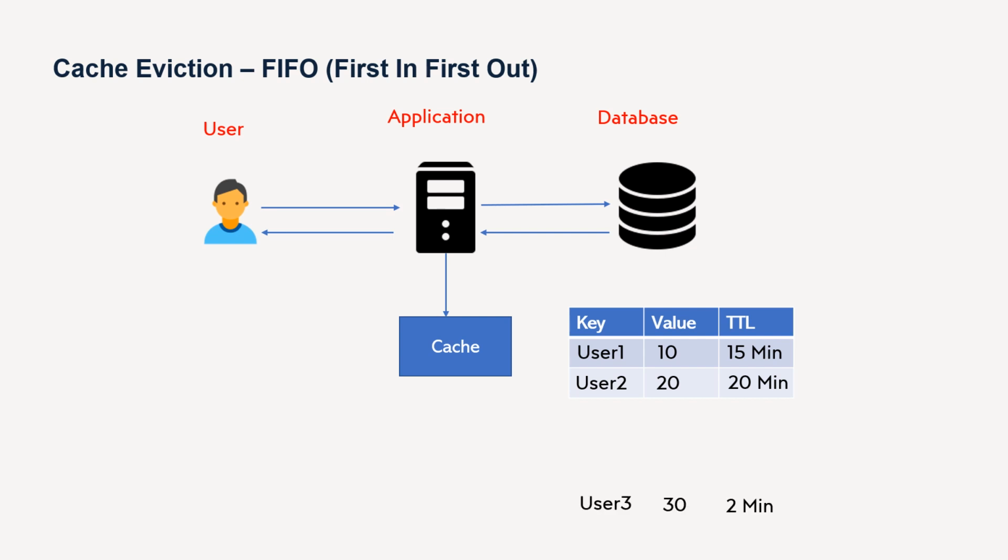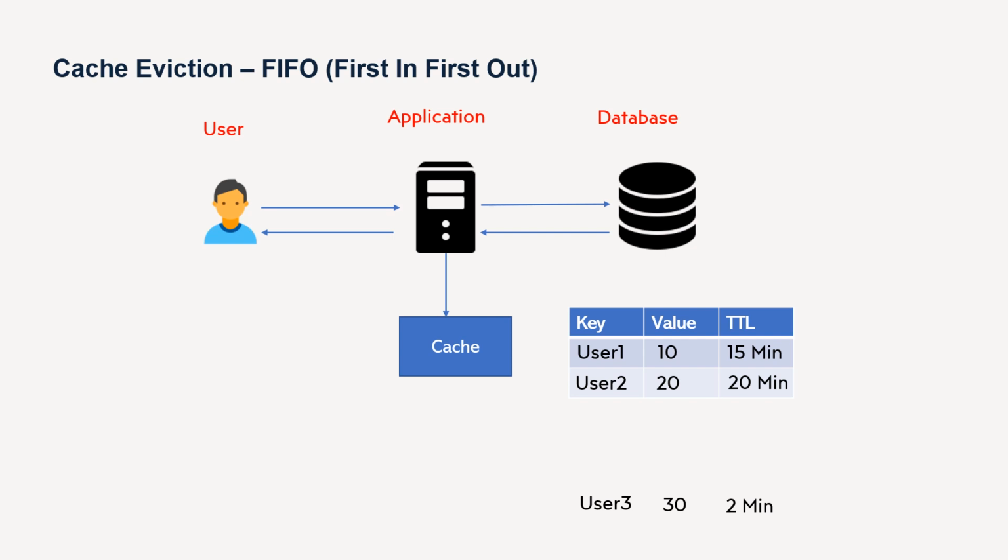For example, here we want to put user three into the cache, and our cache is full. We will see that user one was placed 15 minutes ago, so it came earlier than user two.